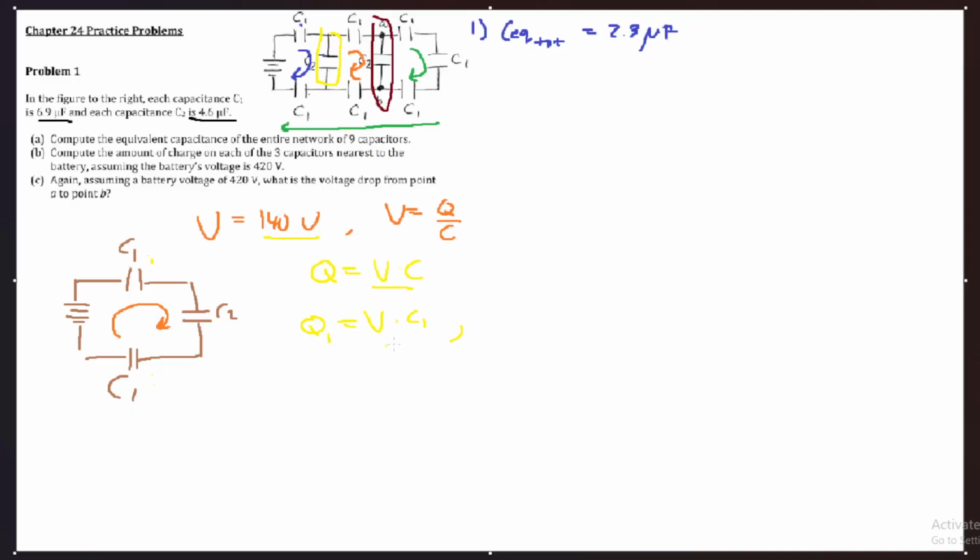And then for Q2, for the second capacitor, or C2, it's the same voltage multiplied by its value.